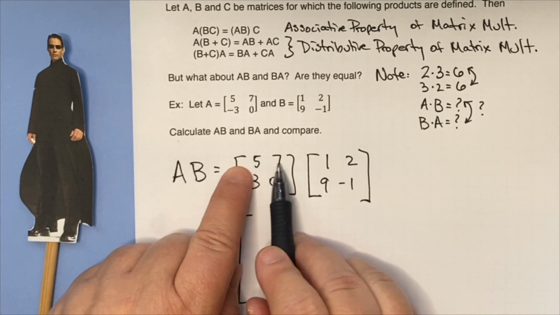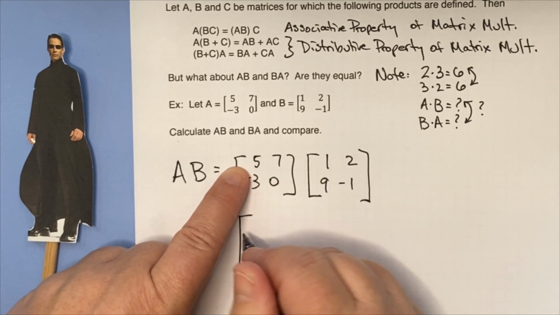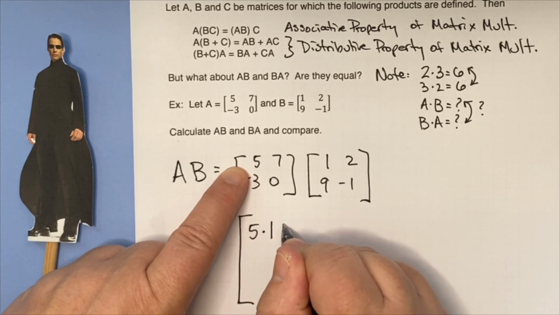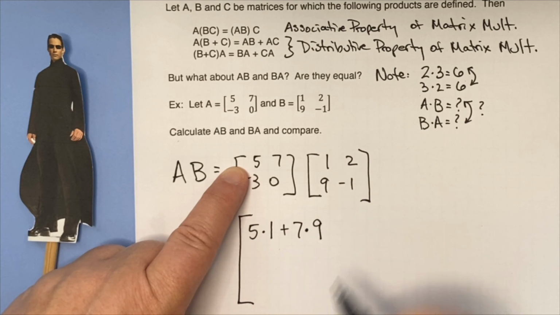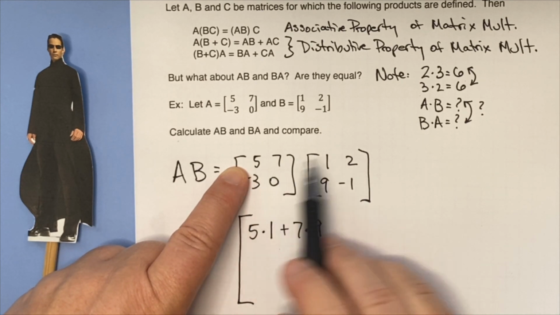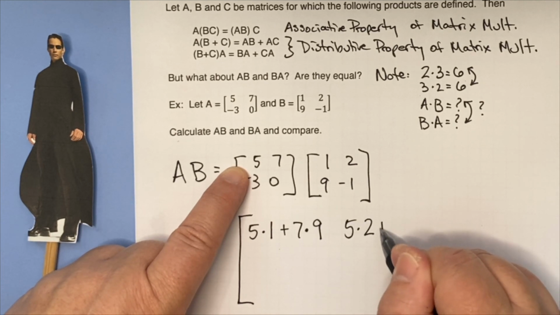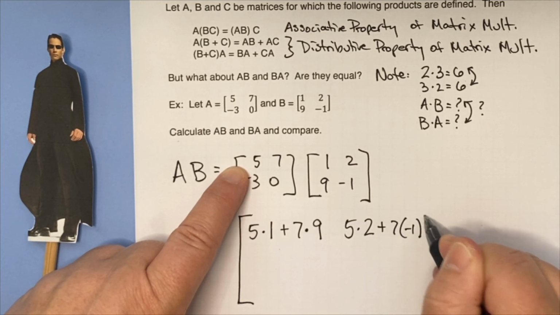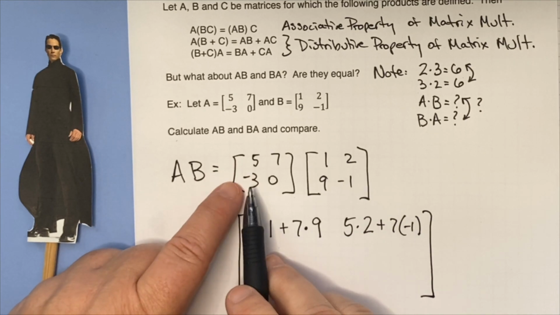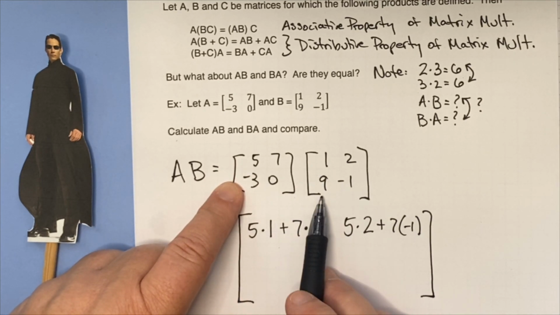First row, 5, 7 times 1, 9. So 5 times 1 plus 7 times 9. First row times second column, 5 times 2 plus 7 times negative 1. Negative 3, 0 times 1, 9.